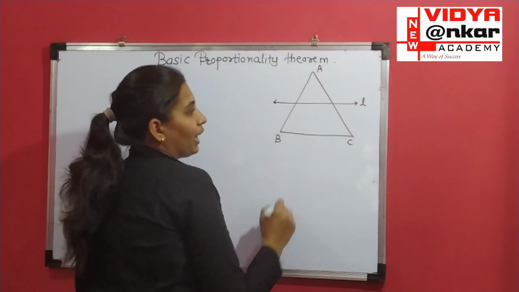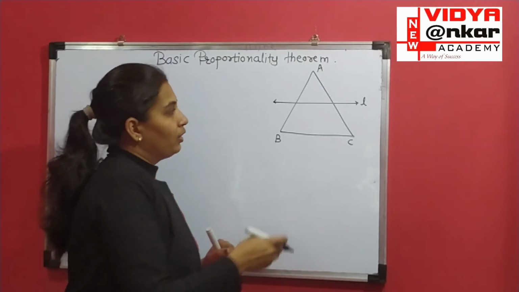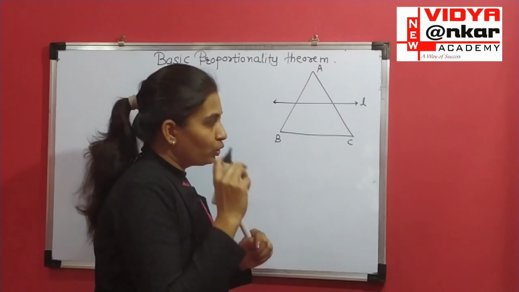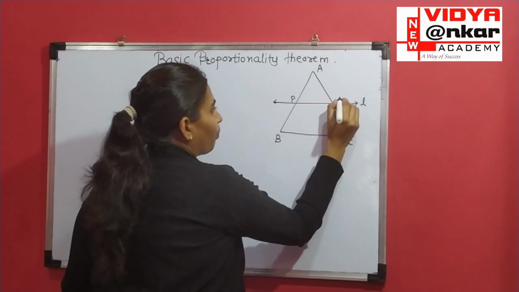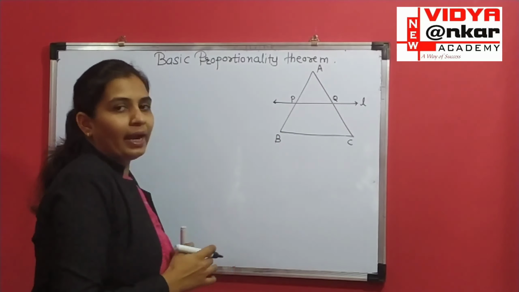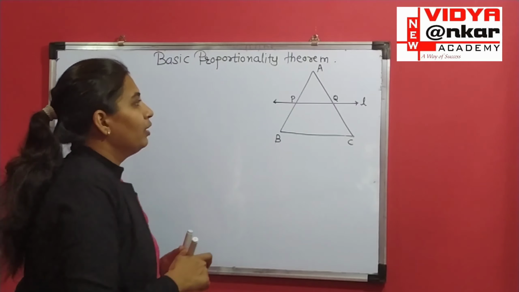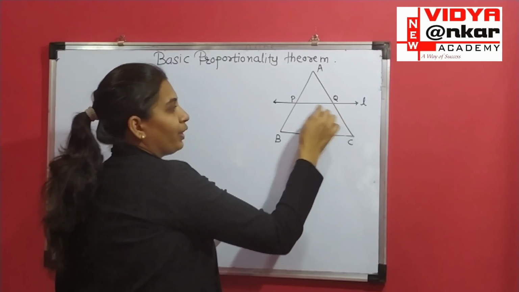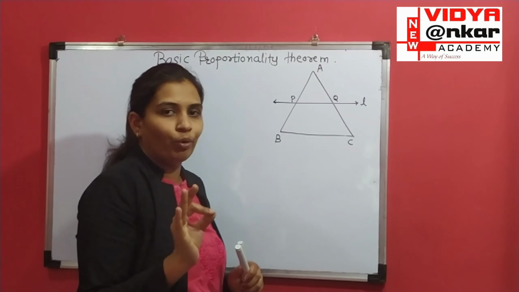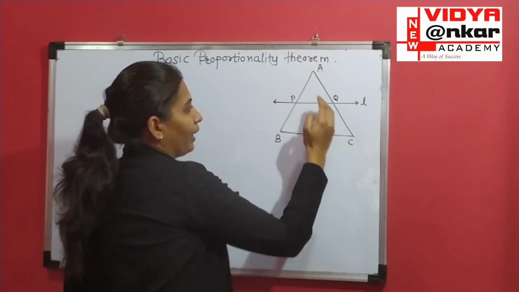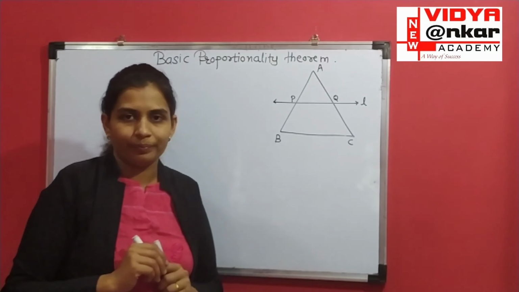Now, this line intersects the two remaining sides in two distinct points. Let the points be P and Q respectively. It means that points P and Q are the intersection points of line L with sides AB and AC respectively.